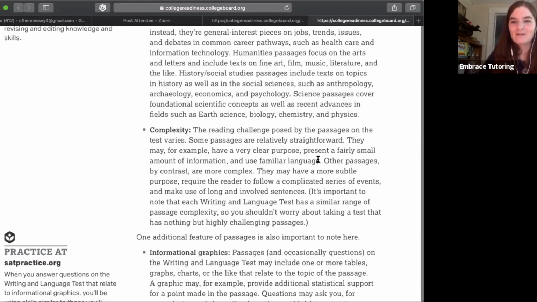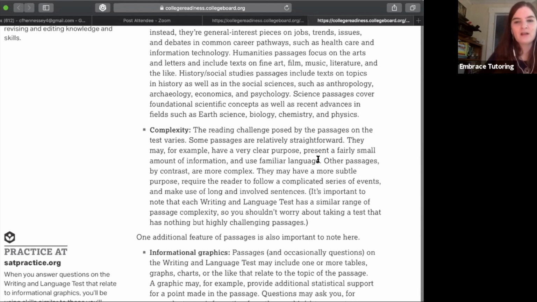So science passages still cover foundational concepts. So you're not really being asked to, like I said, it can cover new advances in certain types of science fields. And the complexity level of the passages can vary, but generally they're not going to be quite the same style as a lot of the variation you get in the reading test.